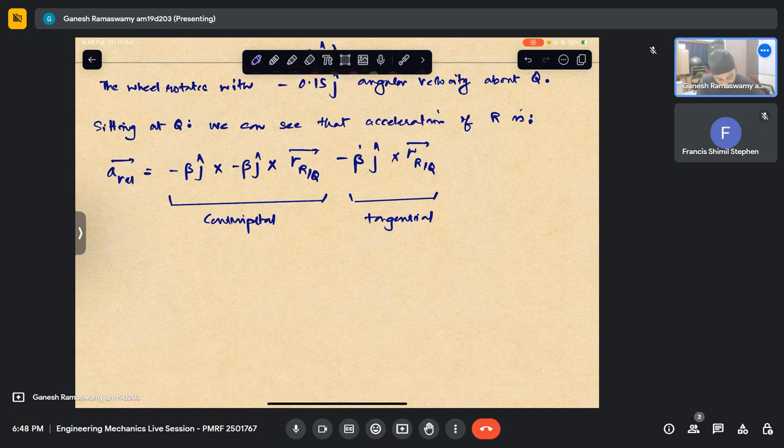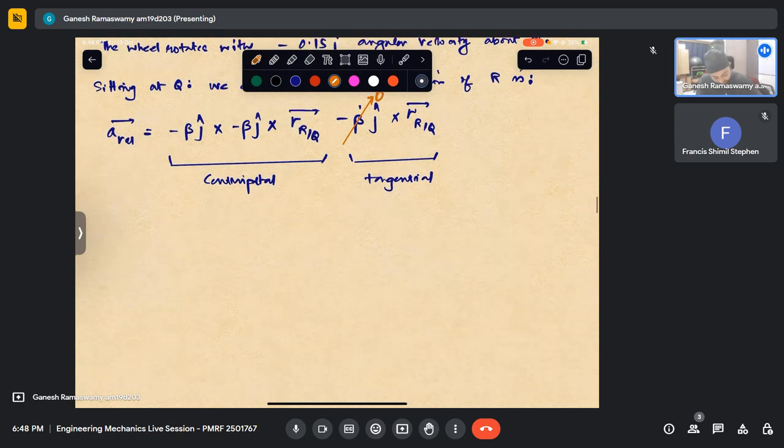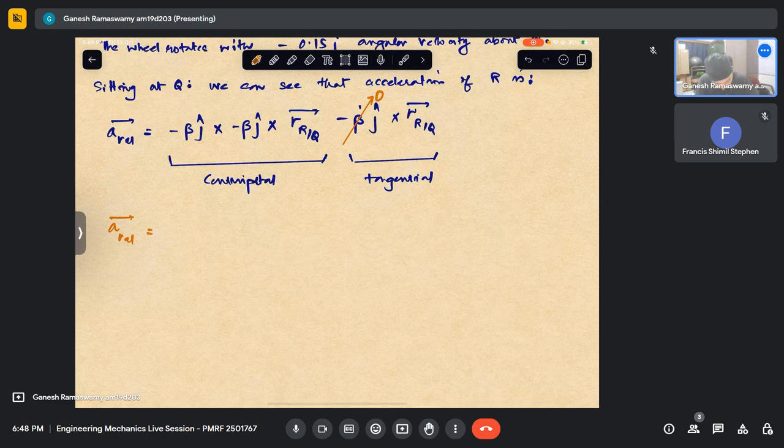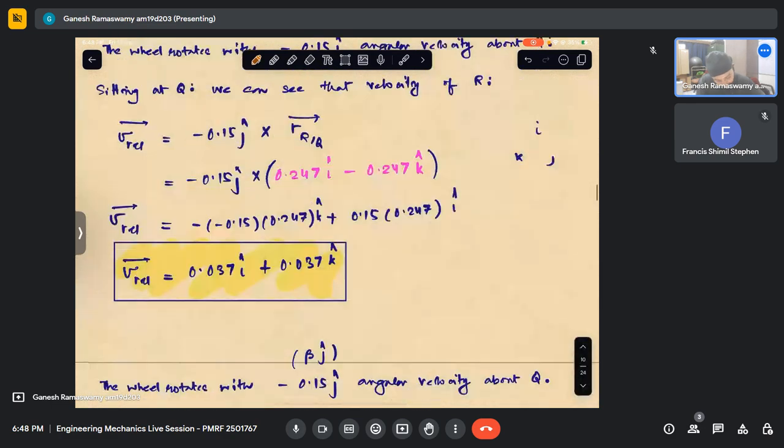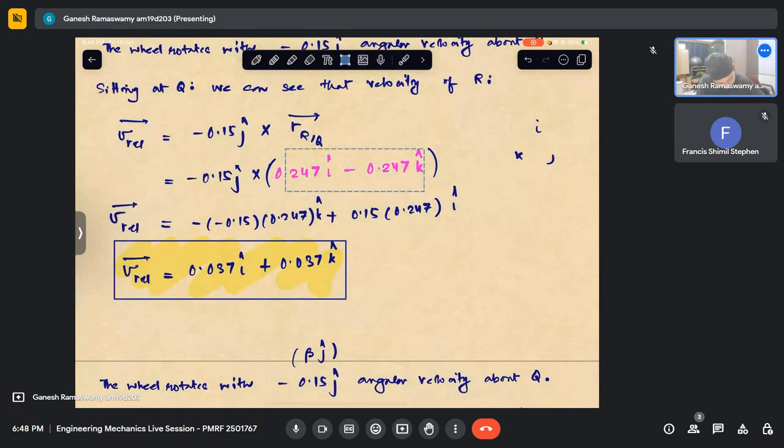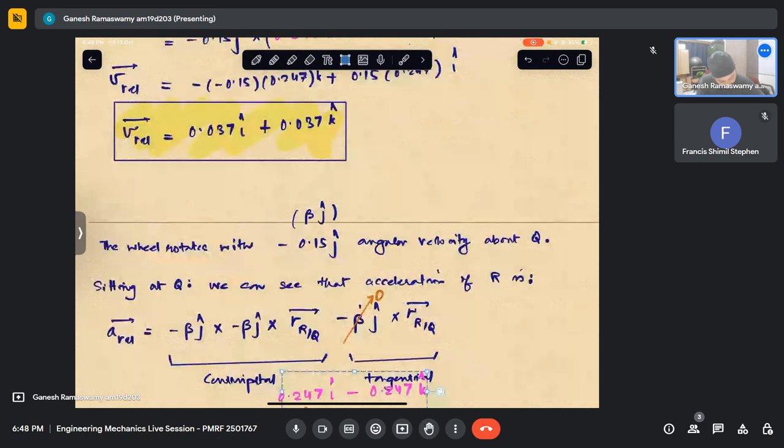We know this quantity is 0 because this is rotating with a constant speed. That wheel is rotating with a constant speed about the shaft. So this is 0. So what does this come out to be? AREL is minus 0.15 k, sorry, j, crossed with this quantity.